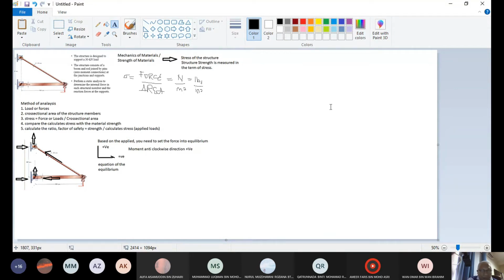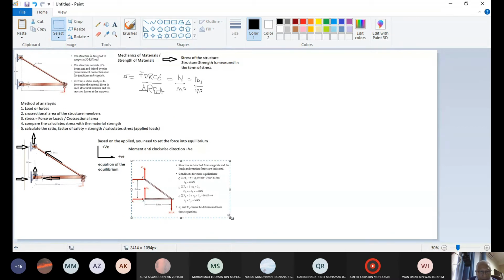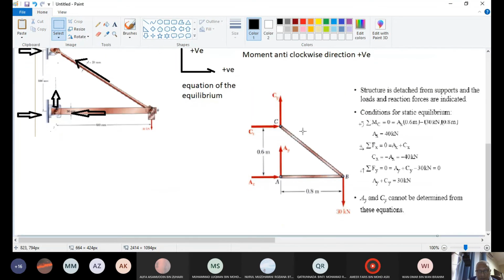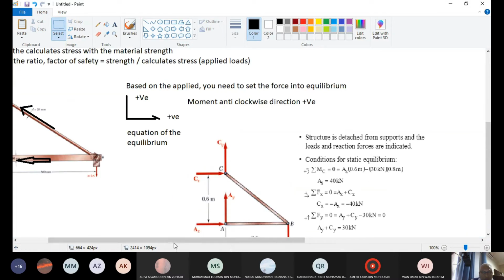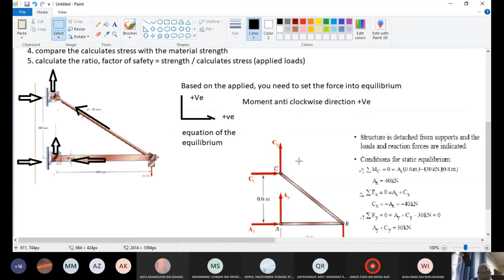We got this. We call it a free body diagram, or FBD.